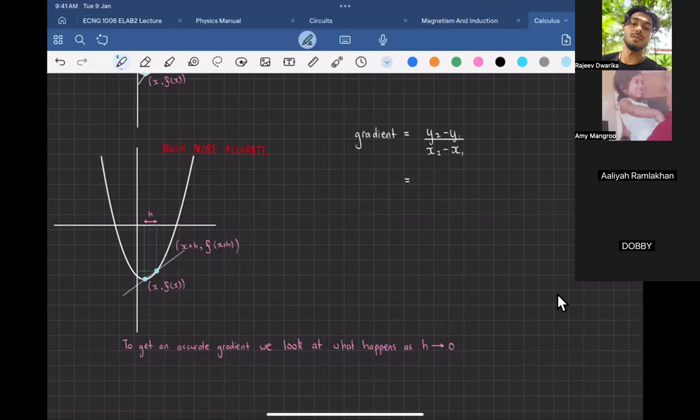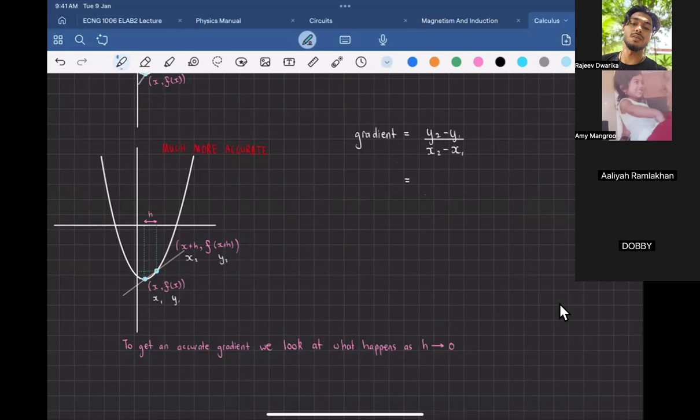Y2 could be f of x plus h. Yeah. So let me write that down. This is x1, y1, x2, y2.